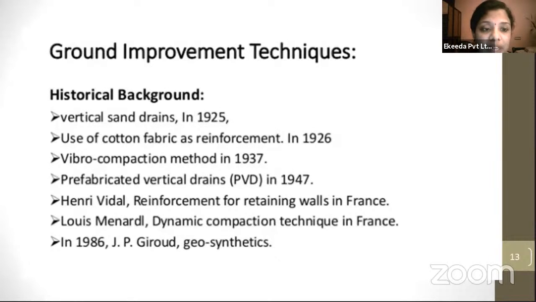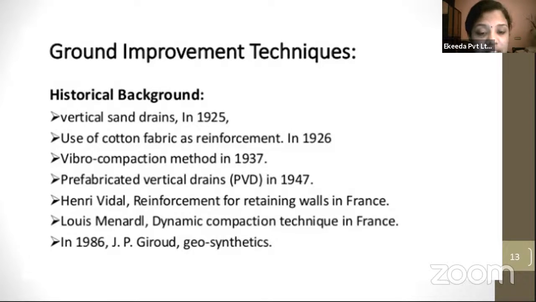Ground improvement techniques, historical background. First, it was vertical sand drains. In 1925, we used sand drains to improve the quality of soil or to improve its bearing capacity. In 1926, we used cotton fabrics as reinforcement to improve the characteristics. In 1937, it was the vibro compaction method.